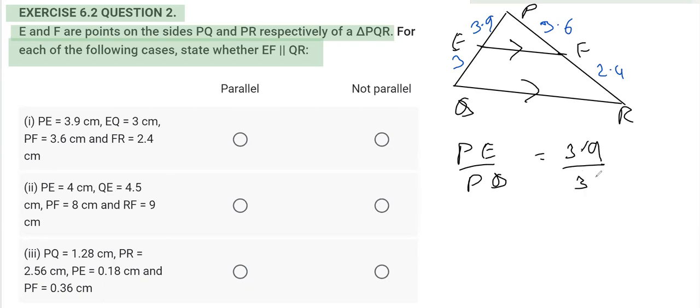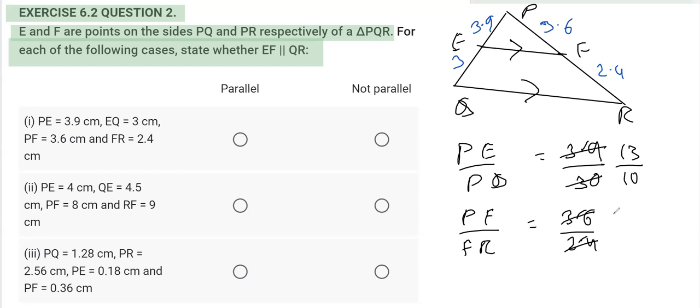I can remove the decimal and write 39 over 30, which is divisible by 3, giving 13 over 10. Now obtain the other ratio, PF over FR: the length of PF is 3.6 and FR is 2.4. Same decimal place, so you can reduce it: this is 12 times 3 and this is 12 times 2.